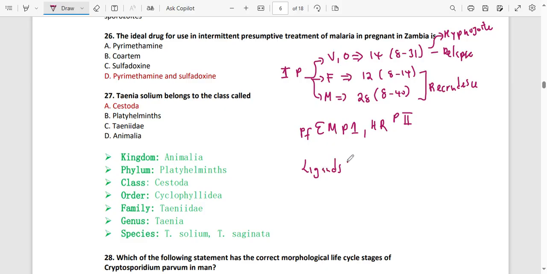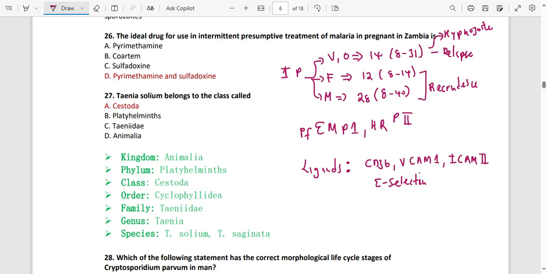So you have ligands that help in the binding of these plasmodium parasites to the endothelium, like CD36, VCAM1, ICAM2, and then you also have E-selectins. So these are ligands that will help the malaria parasites to bind.